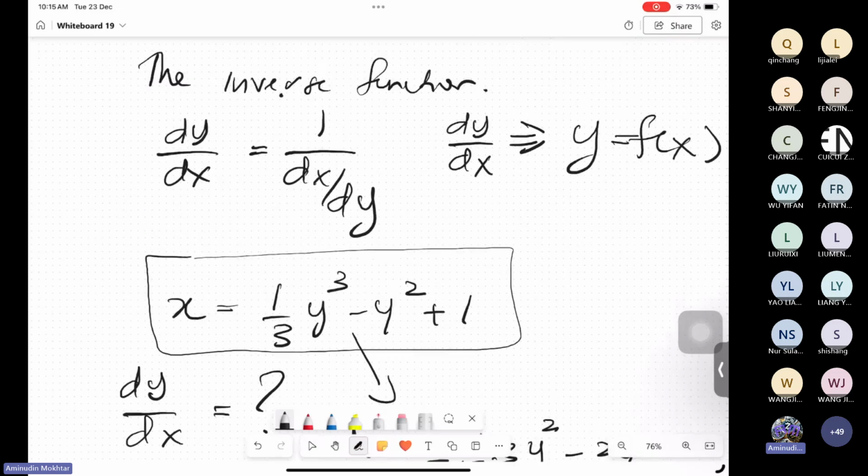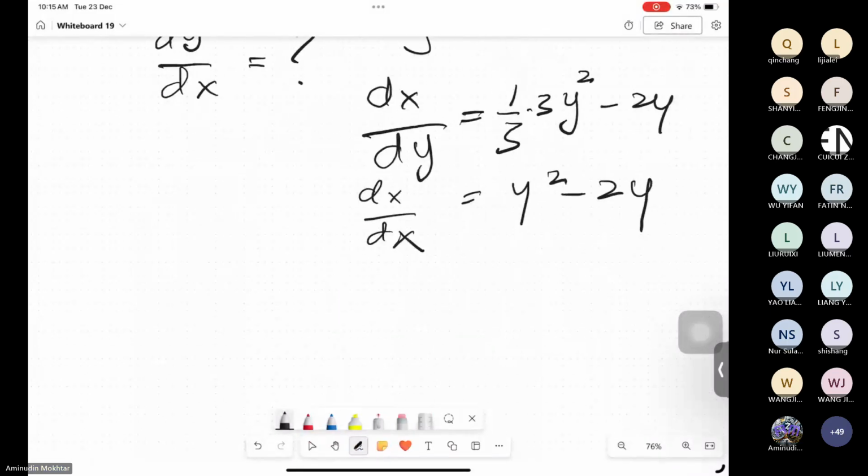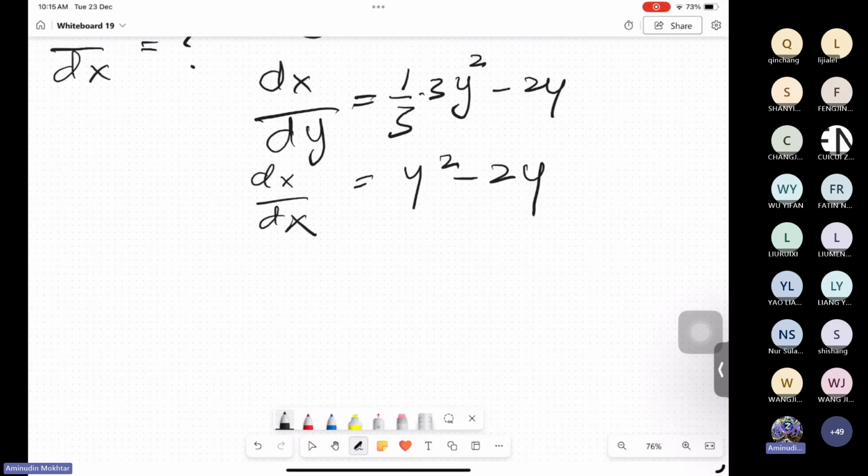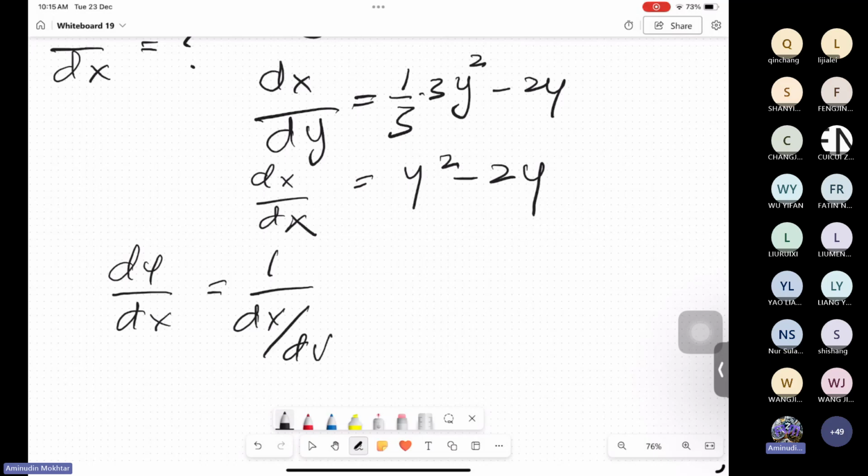Based on the inverse rule, dy/dx equals 1 over dx/dy. So from this example, dy/dx equals 1 over y squared minus 2y.